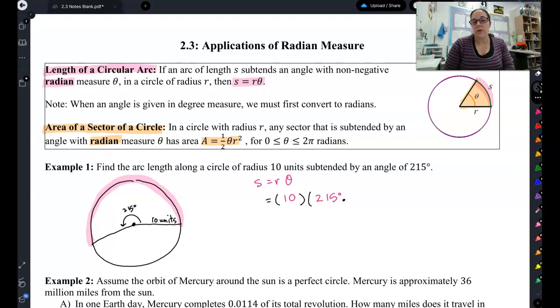So let's do conversions. You may remember conversions from chapter 1. Anytime we do a conversion, we multiply by a complicated looking 1. Now, what you want to cancel is going to go on bottom, and what you want to end up with is going to go on top. So then that way, the degree symbol on top and the degree symbol on bottom cancels, and I end up in radians.